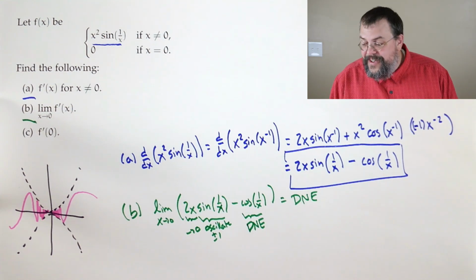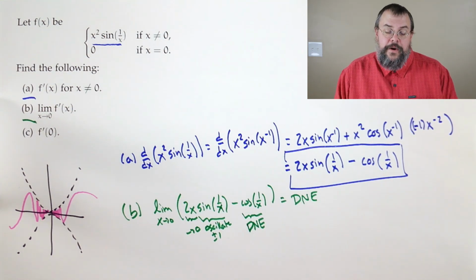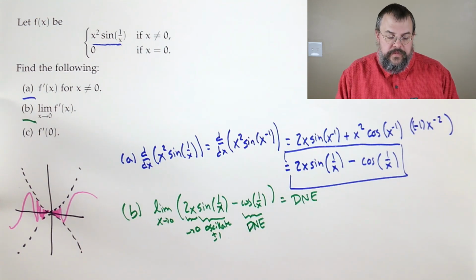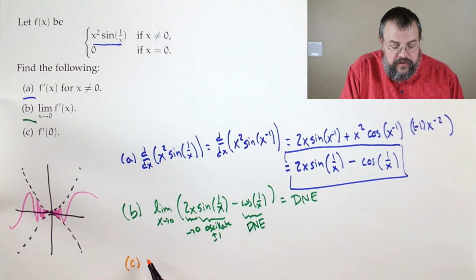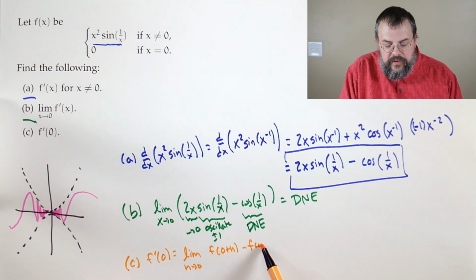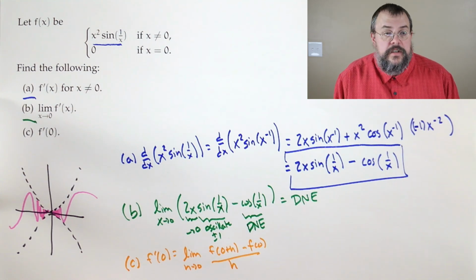Let's find out. So, how do we find the derivative at 0? Well, there's an actual rule for finding the derivative at 0. What's the rule? It says the derivative at 0 is equal to the limit as h goes to 0 of f of 0 plus h minus f of 0, all over h. Okay, that's just a definition.